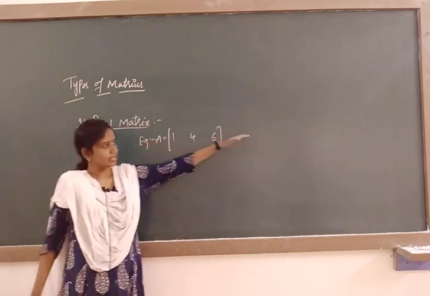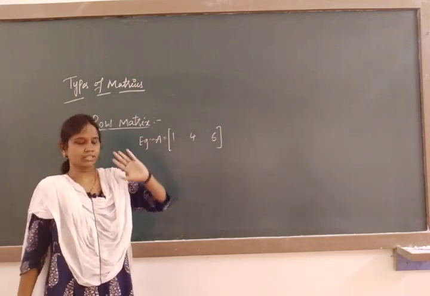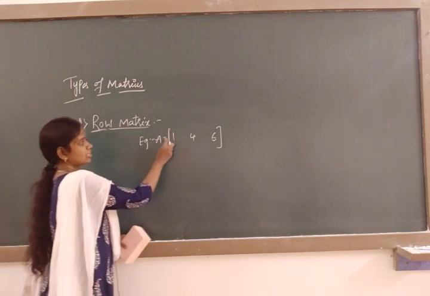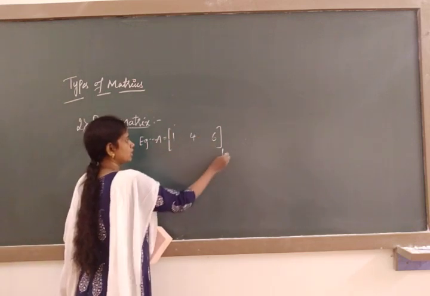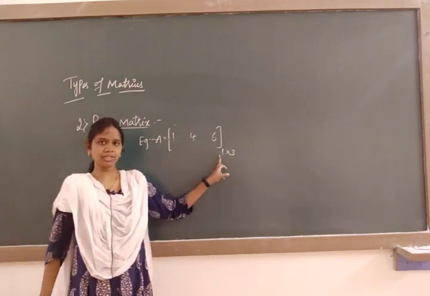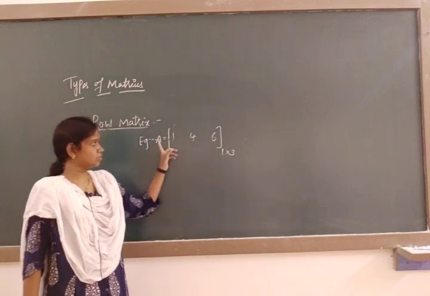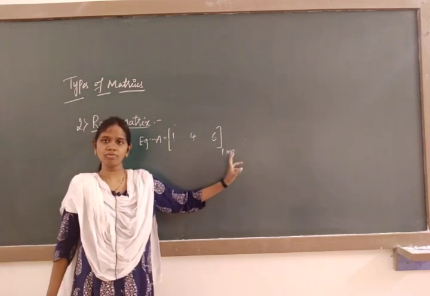If you write like this, such a matrix is called a row matrix, in the horizontal direction. What is the order? First read the rows. How many rows are there? Only 1 row, but how many columns? 1, 2, 3. The first position will always be 1 in the case of a row matrix, because it consists of only 1 row but any number of columns.